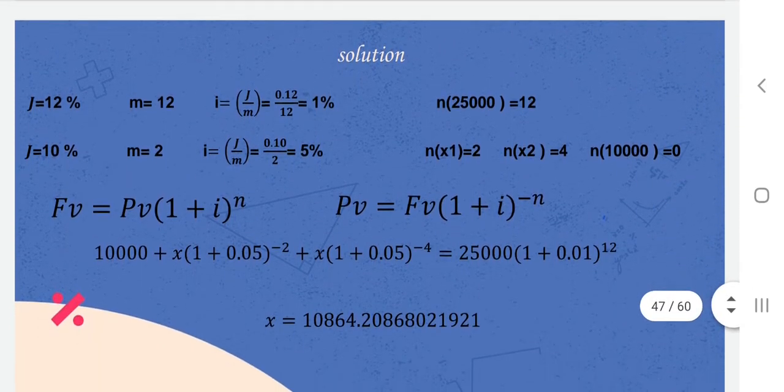Solution: J equal 12, M equal 12 because it's monthly, I equal 12 over 12 equal 1% and n for $25,000 equal 12.